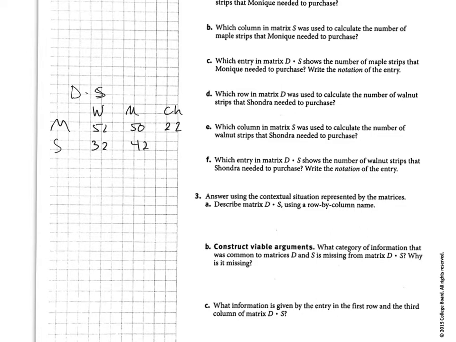A matrix, as you know, is just a rectangular array of numbers. Each number has been given a position by its row and column. So remember, rows go down, columns go across. And so they're asking you, I'm looking at part C right here: which entry in matrix D times S shows the number of maple strips that Monique needed to purchase?